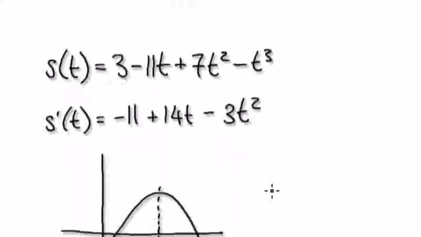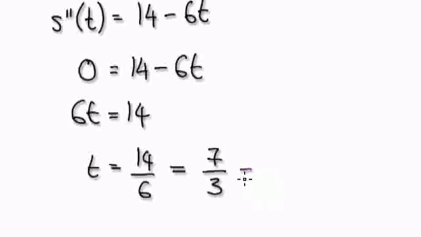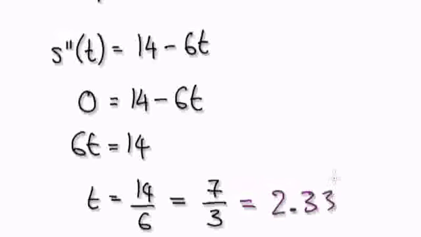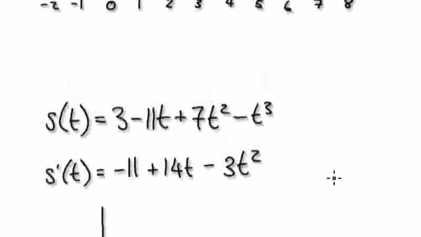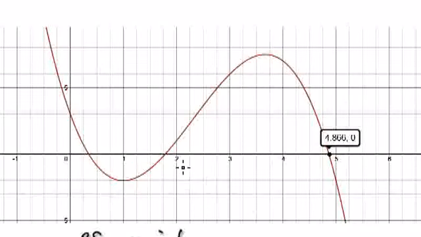The time here will be 2 point something, 2.333. So 2.333. The time here is 2's here, 3's here, 2 and a third will be somewhere here. You see, when the car is here, that's when it's moving fastest.